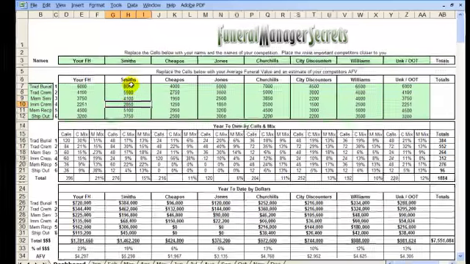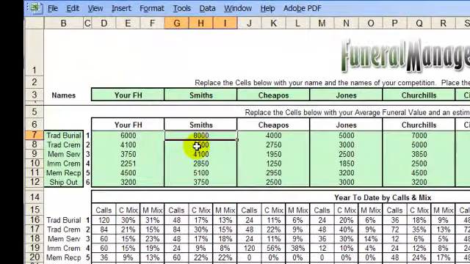What they say in the data world is, if you put garbage in, you're going to get garbage out. So you want to put in as good information as you can without having to create a brand new job for someone. So just make estimates of what they would be, based on what your average funeral values are here.